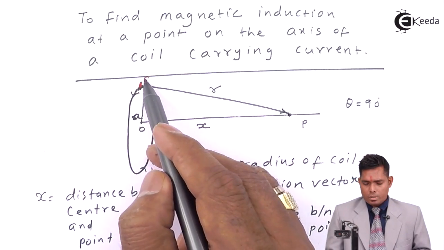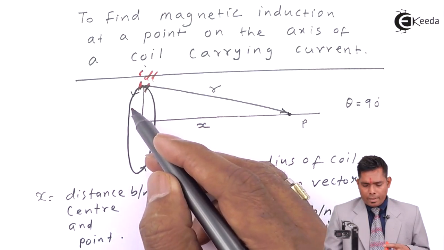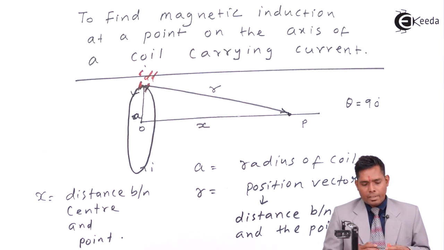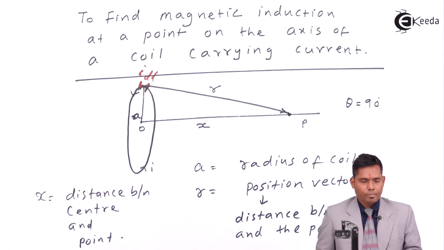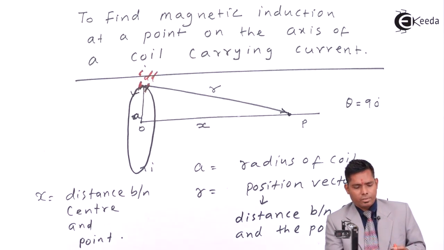This is DL element, which is here also. If I multiply I, that is current flowing, this is called ideal element, current element. It's a vector quantity. And the direction is shown as like this. This is the axis. The point is here. This is the point.